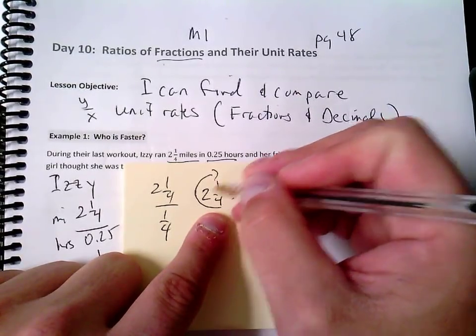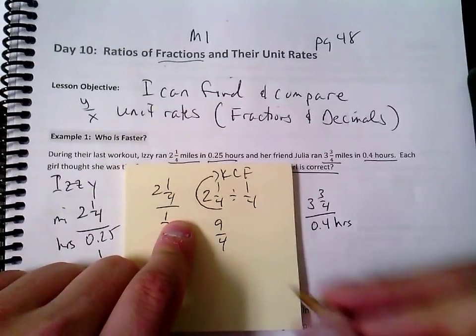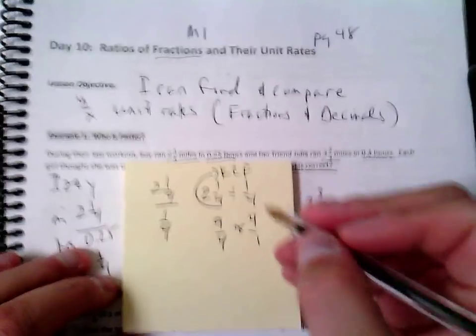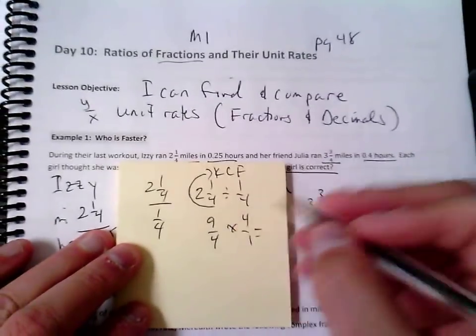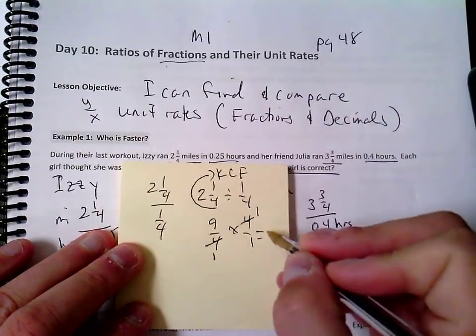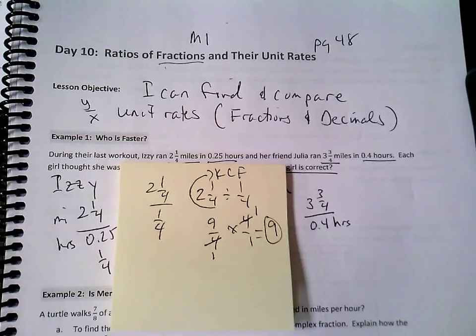You take 4 times 2, plus 1, it's going to be 9 over 4. You also would be thinking keep, change, flip. Multiply this by 4 over 1. We can do what we refer to as cross-canceling, like 4 goes into 4 once, and then this once, and you do get 9. All right, so that's being done by hand. I challenge you if you would do that.